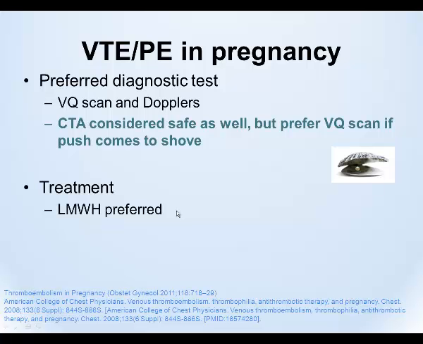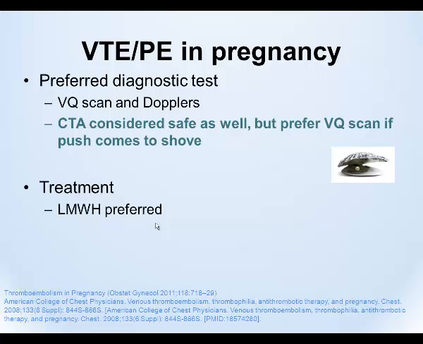Low molecular weight heparin is preferred, but you can do Coumadin. I did a MKSAP question, so we can do an aside on that. When is warfarin thought to be most teratogenic? First trimester. And what is really the only entity that you should anticoagulate with warfarin in pregnancy? Mechanical valves.